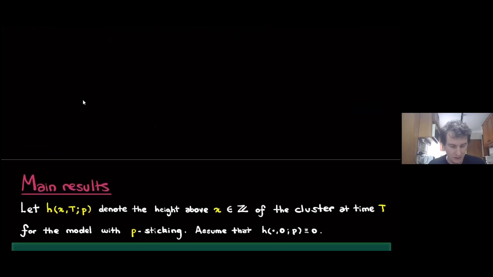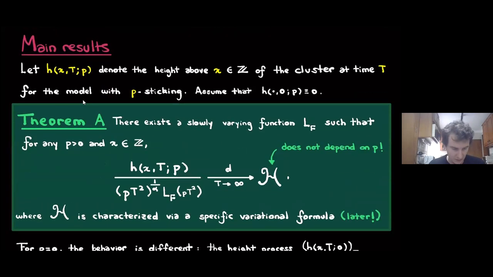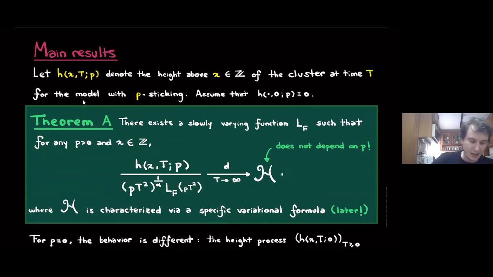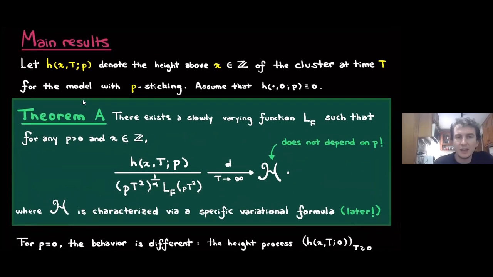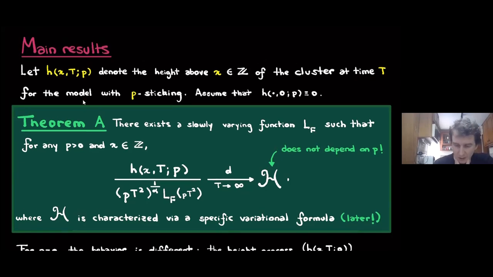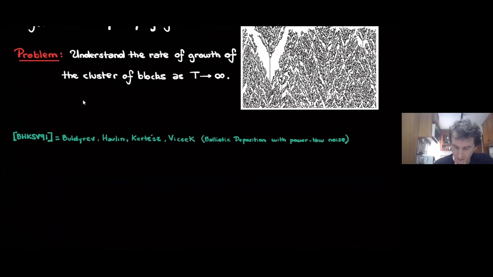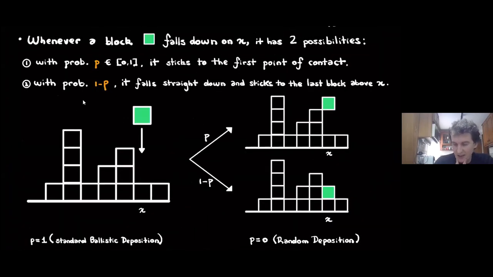So the main results that we have are the following. Let h of x, t, and p denote the height at time t of the column of blocks which is sitting above x. Let me go back because I want this to be clear. In this case, for example, the height would be 4: 1, 2, 3, and 4.